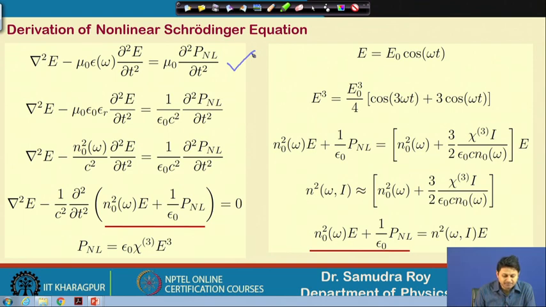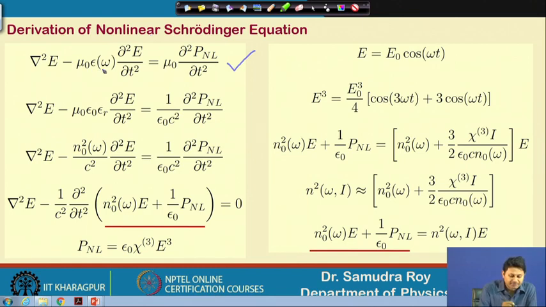So, in the previous class we started with this nonlinear Maxwell's equation, and mentioned that if P nonlinear is 0, I have the equation of motion of this electric field, and this equation of electric field was governed by these two parts. Now, we include the nonlinear part. So, this is mu 0 epsilon.